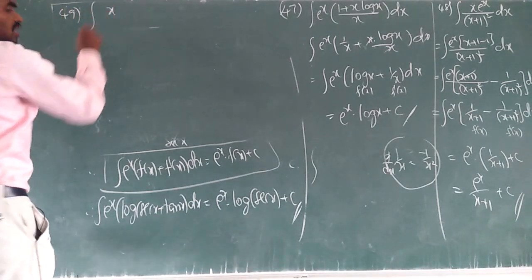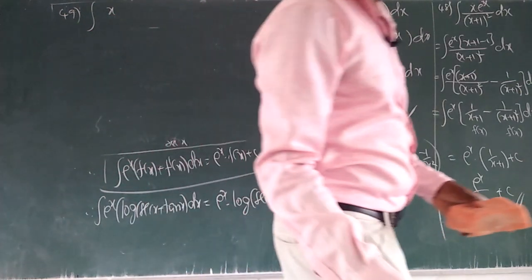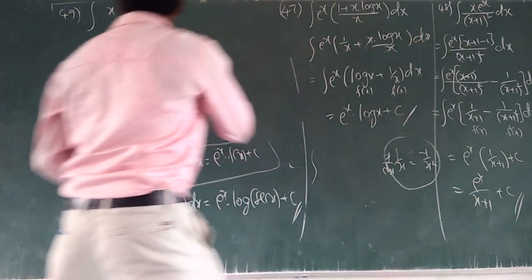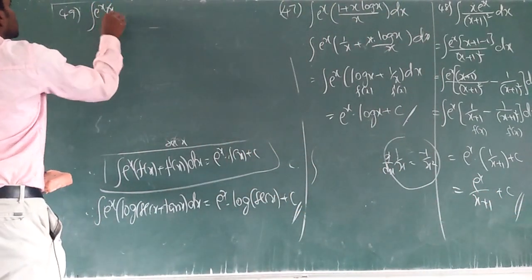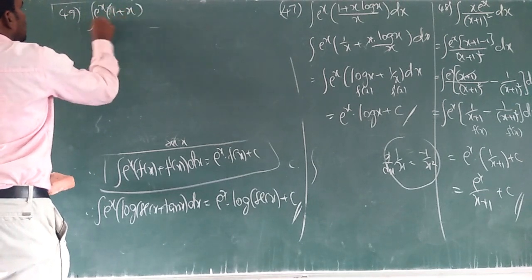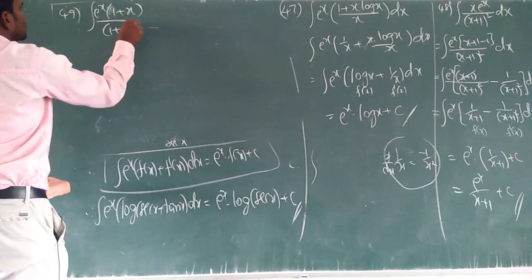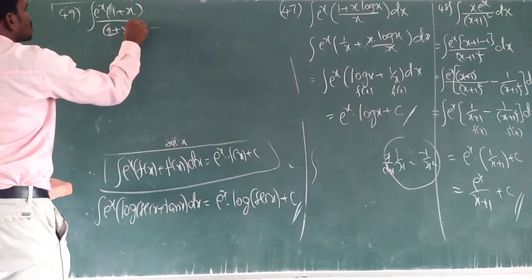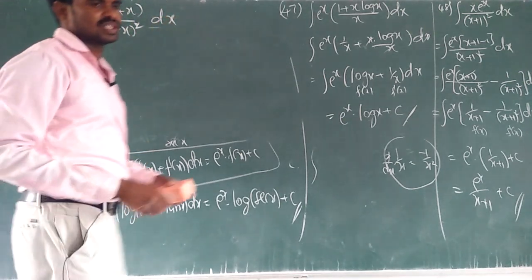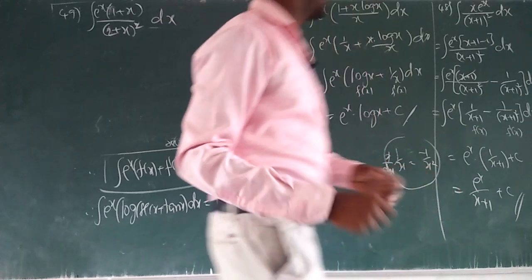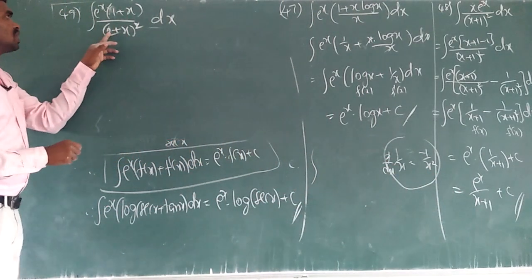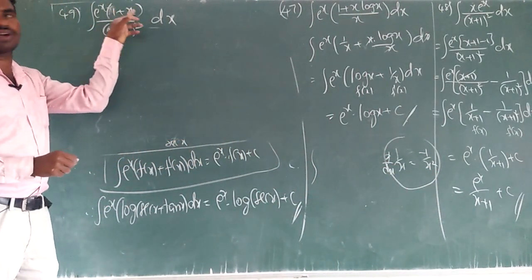Integration of x into 1 plus x by 1 plus x, sorry, 2 plus x whole square dx. See, here it is 2 plus x, and in the numerator it is 1 plus x.